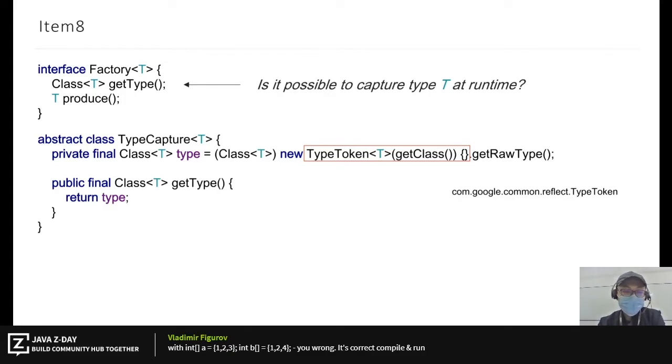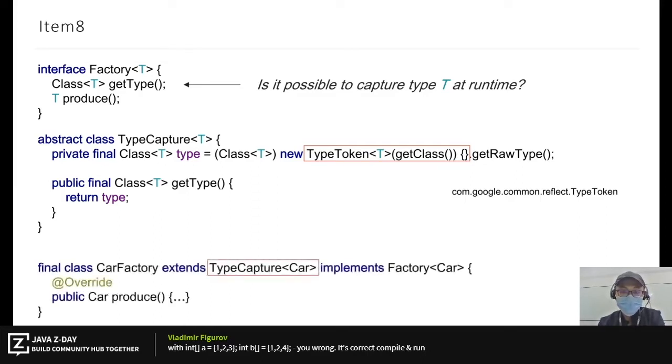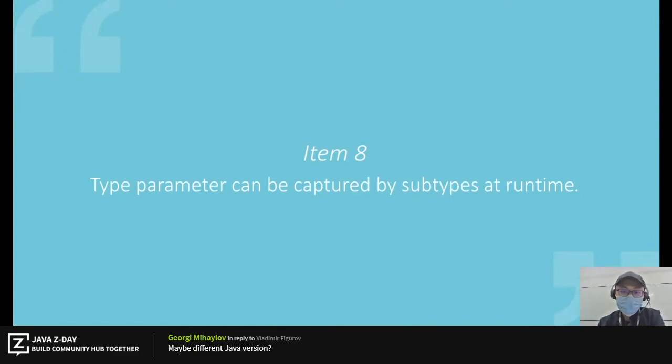In this way, we create an abstract class and we extend it, so in our car factory, the type parameter can be captured at runtime. The supertype information is part of the car factory's type information, so we can retrieve it via Java's reflection API. Type parameters can be captured by subtypes at runtime. Let's move on.